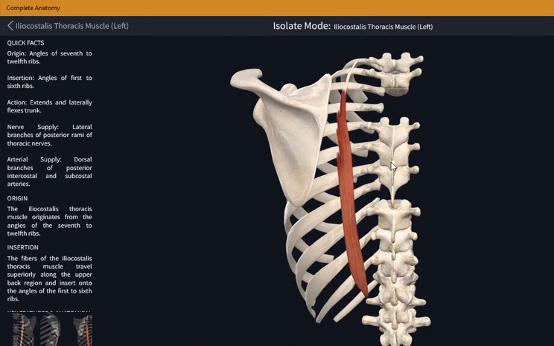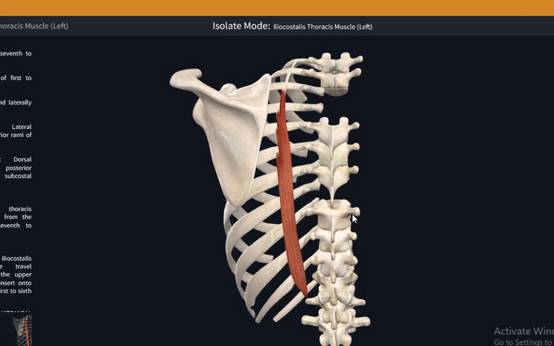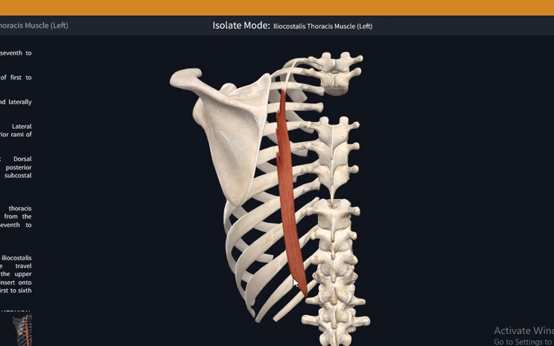We see that it originates from the angle of the 7th to 12th rib, so this is the angle of the 7th to 12th rib here, and it's going to insert at these angles here of the first to sixth rib. So from 7 to 12 and then insert at the first to sixth rib.